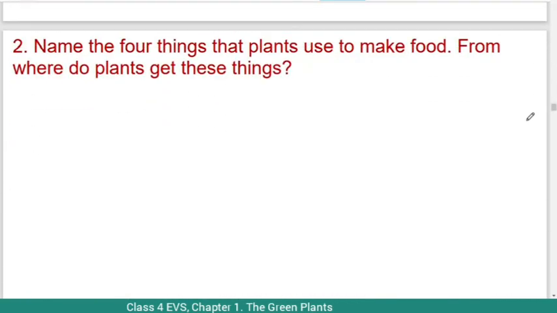Second one, name the 4 things that plants use to make food. From where do plants get these things?